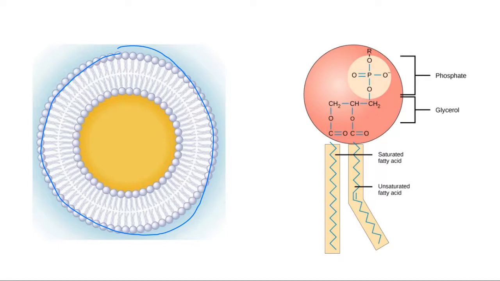So here I've got my water-loving parts. We are hydrophilic. We love water. And my tails then are hydrophobic, right? So let's fill that in. Hydrophobic tails in the middle.